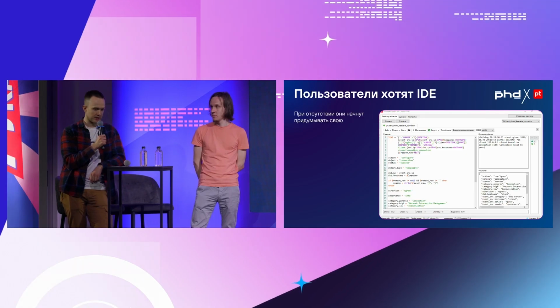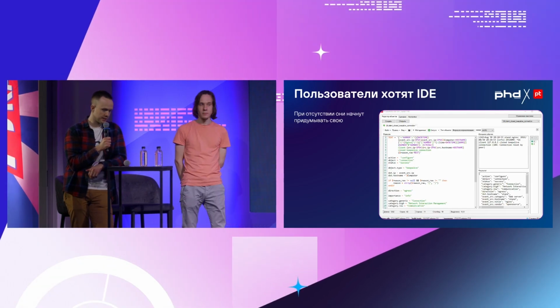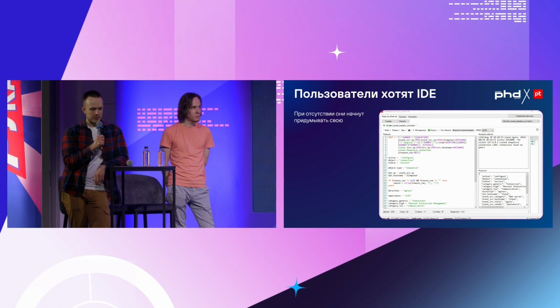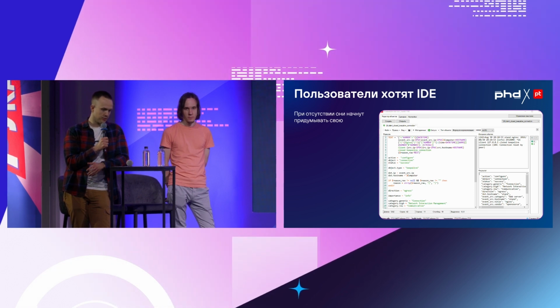But our users quickly understood that with the growth of the number of problems and of the team, without some specialized IDE, it would be difficult to solve our problems effectively. And because our development team was not able to quickly step in, they developed their own IDE.